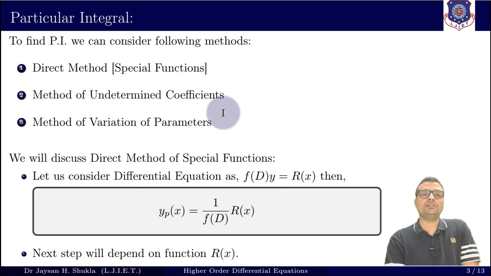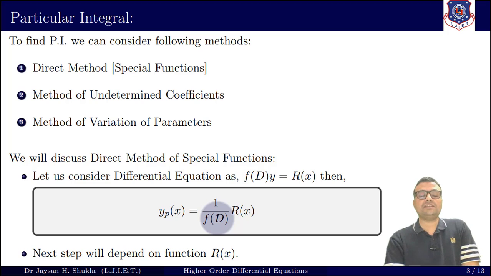Now let us focus on the method which I am focusing on in today's talk, which is particular integral for the special combination of exponential into random function. That is nothing but our first method, which is direct method, and we know that for particular integral we should take operator form f of D y equal to R(x), and by taking y as yp equal to 1 upon f of D into R(x), we can take particular integral.